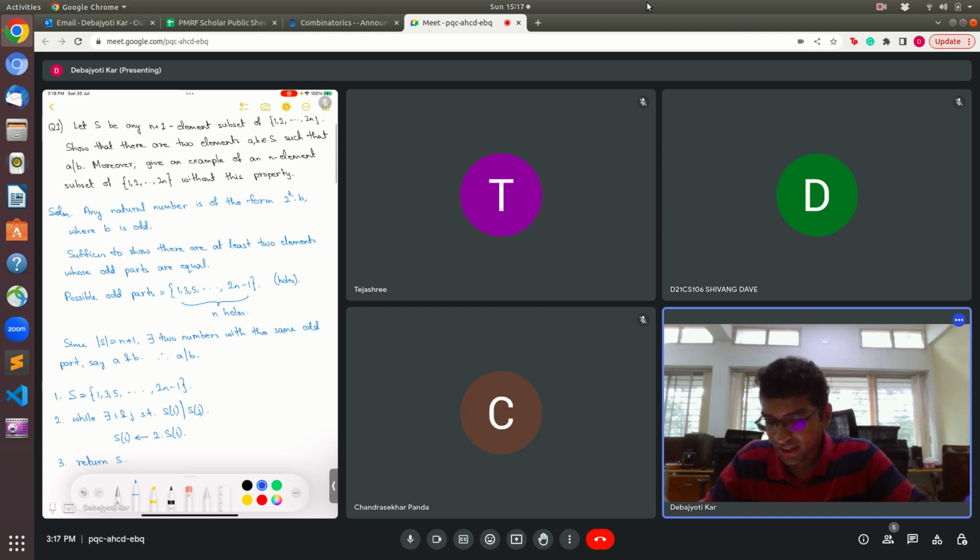as I said, any number, if you look at the prime factorization of the number, it is 2 to the power something times 3 to the power something times 5 to the power something and so on, right? So what I am doing is I am just grouping this 2 to the power something part, and the remaining part is an odd number, right?